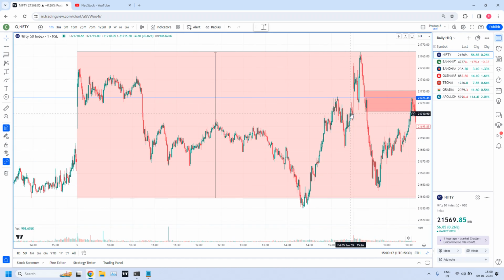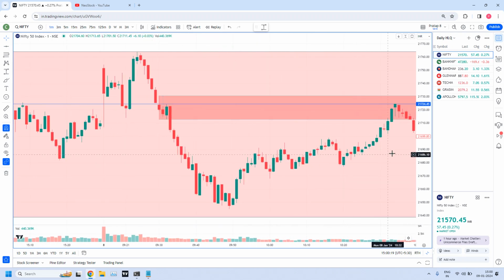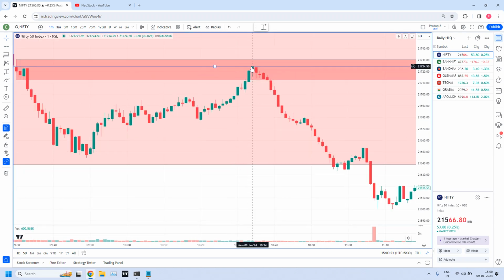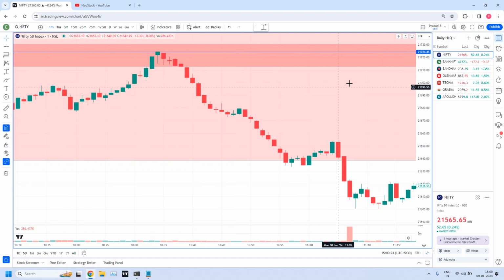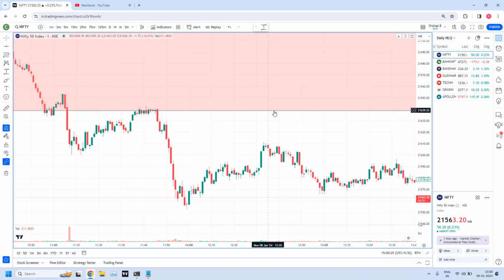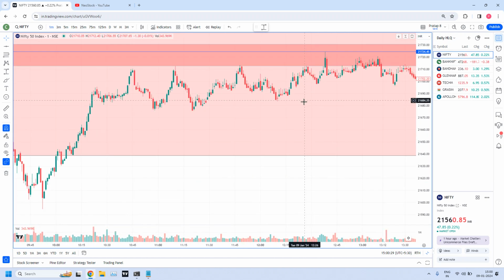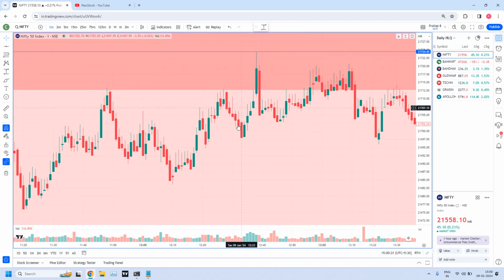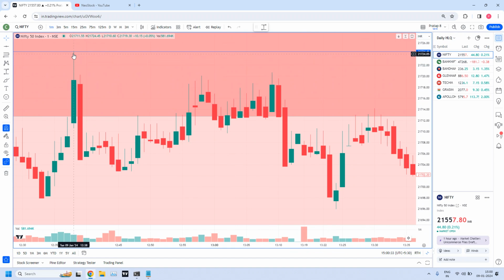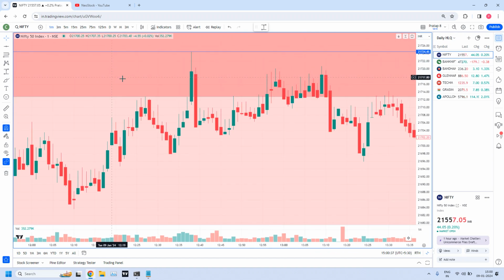See, previously prices were pushed from this blue color area, and today also prices pushed exactly after reaching that area. Maybe just 1 point above or 2 points above, nothing much. See how it pushed.